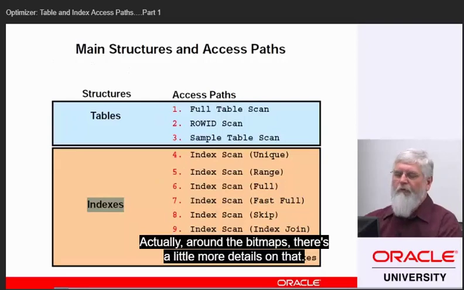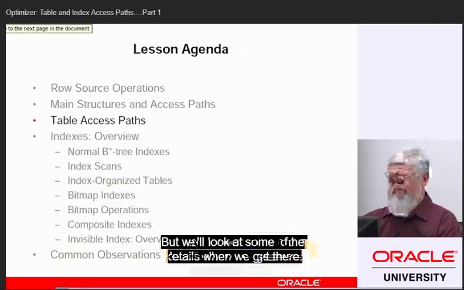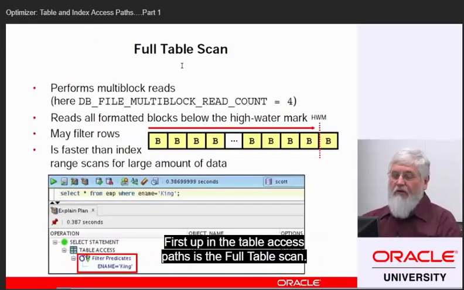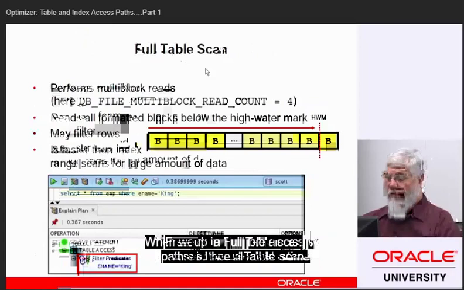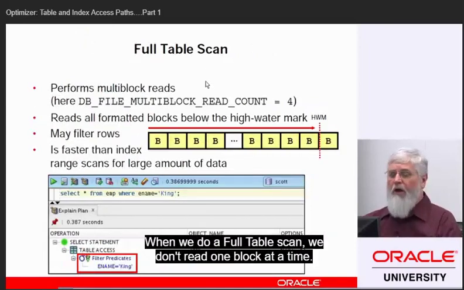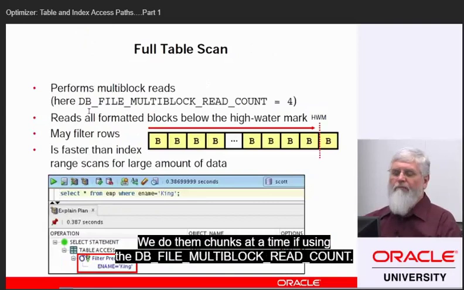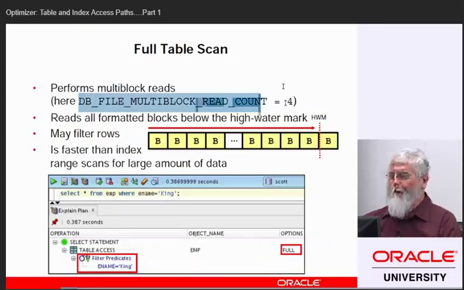First up in the table access paths is the full table scan. When we do a full table scan, we don't read one block at a time. We do chunks at a time using the DB file multi-block read count. If it's been explicitly set to 4 on the database, or if we auto-tuned it to 4, we go through the data 4 blocks at a time.